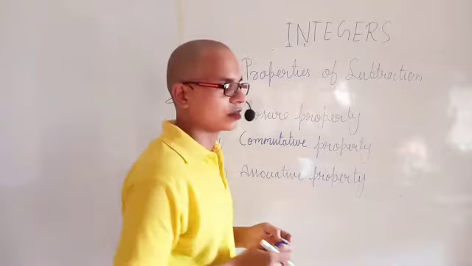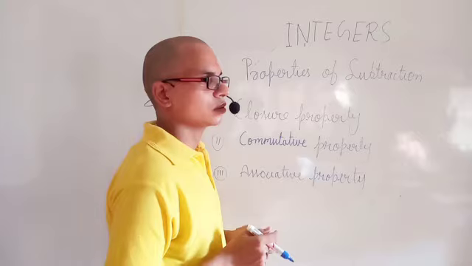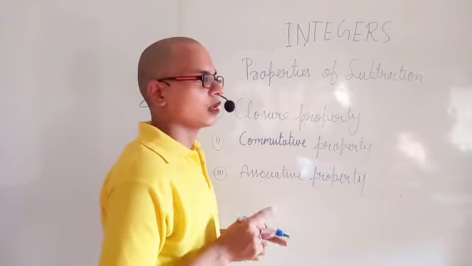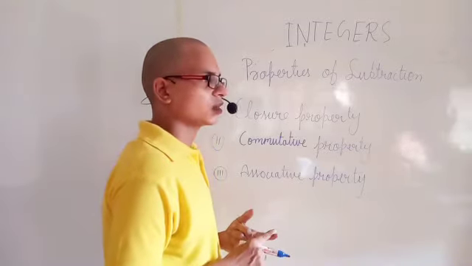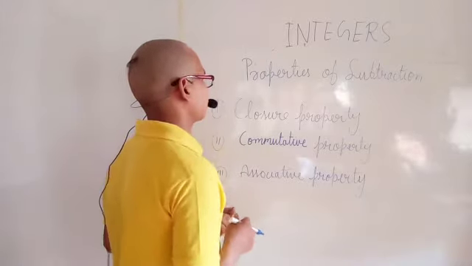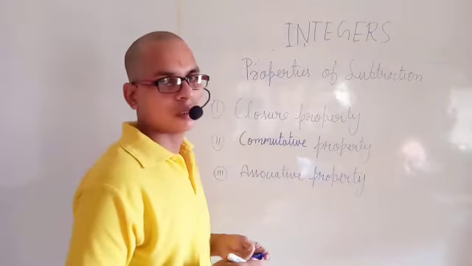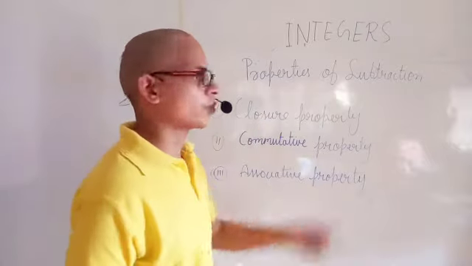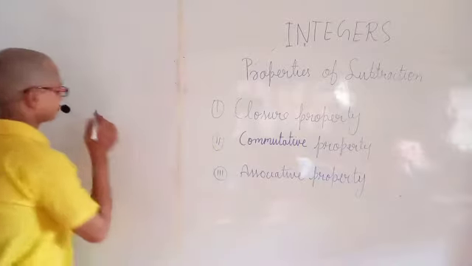The closure property says that if we take two integers and add them, we get an integer. If we subtract them, do we also get an integer or not? If we subtract two integers, the result will be an integer. So we can say that the closure property applies here.